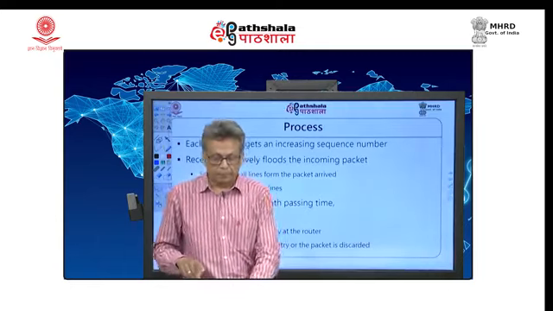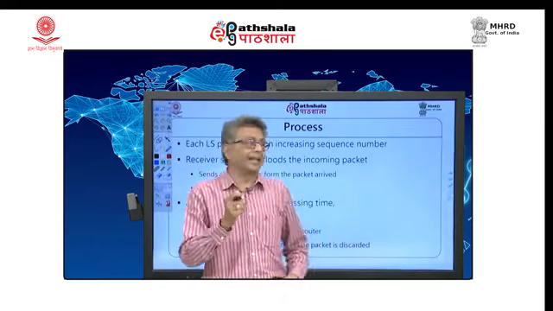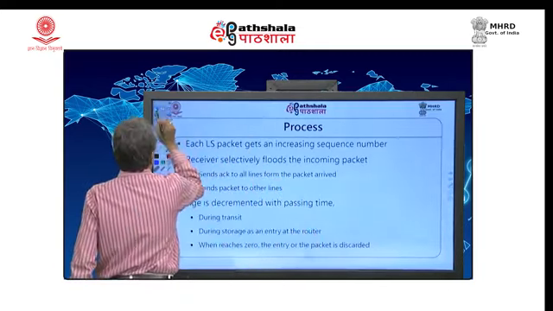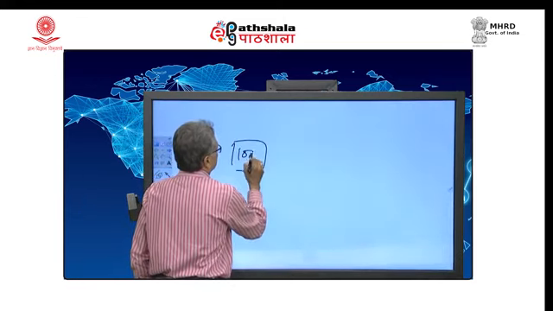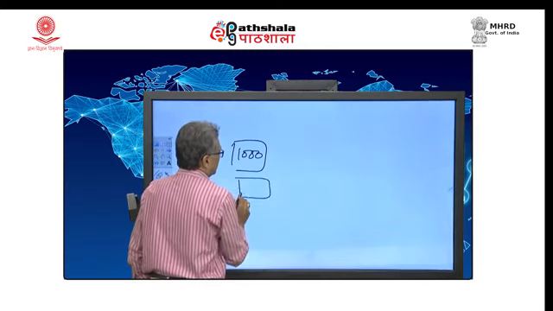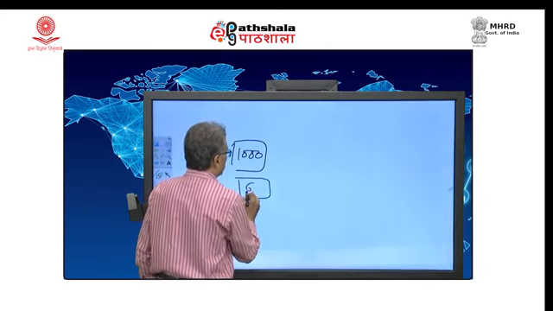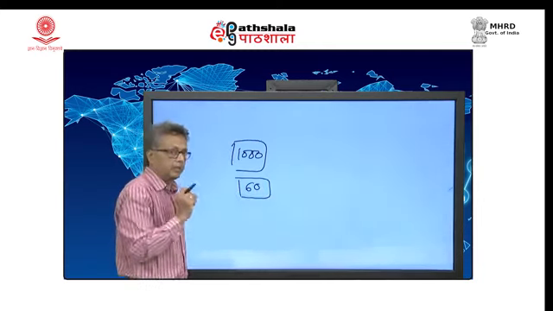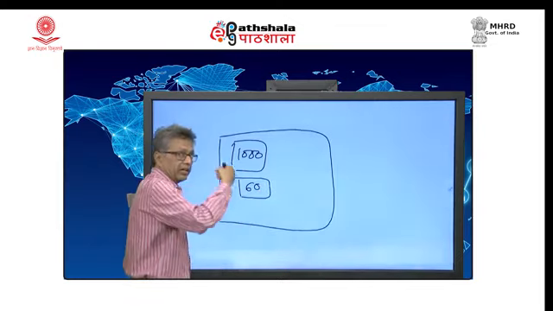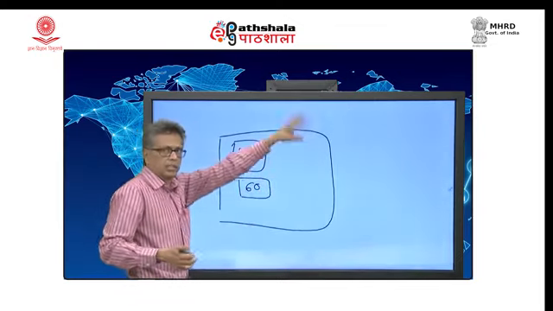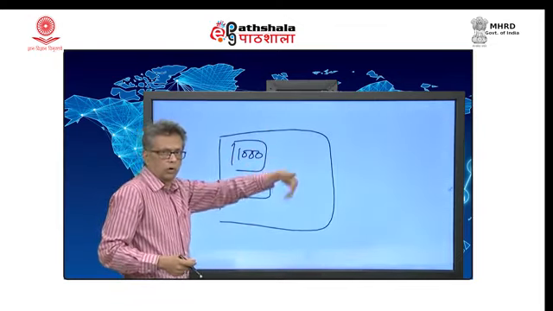How will age help? Let me again take an example. Suppose I received a packet with sequence number 1000. Usually the age value is 60 seconds. So, I have stored that in my routing table, and I get subsequent packets 11, 12 and I consider them old and I will not accept them, but every second this value is reducing.